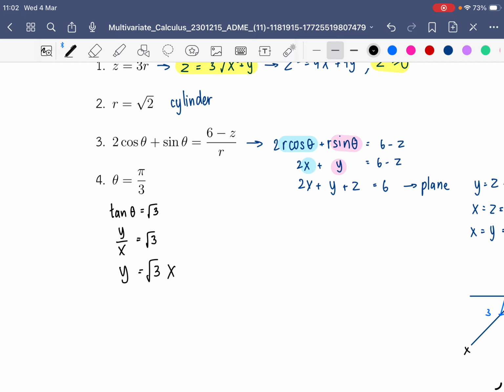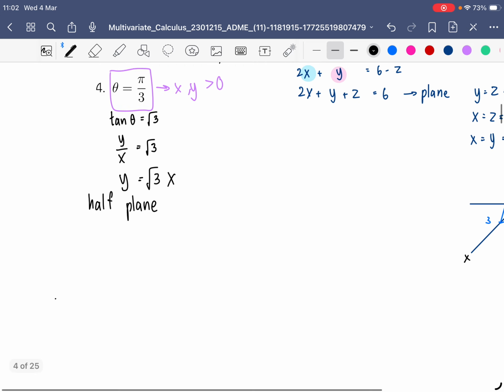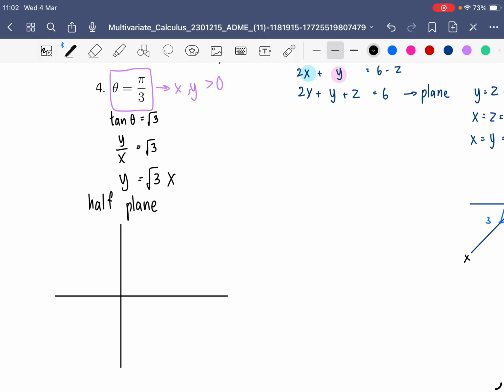This is going to be a half plane. I mean, this one is just difficult in its nature. So you have a half plane where z is free.